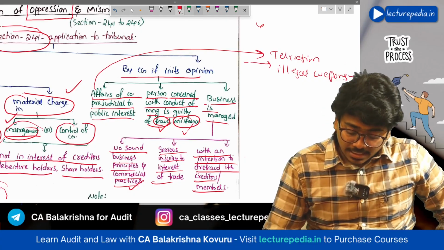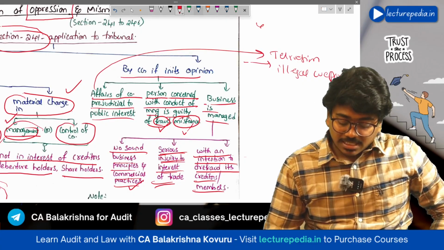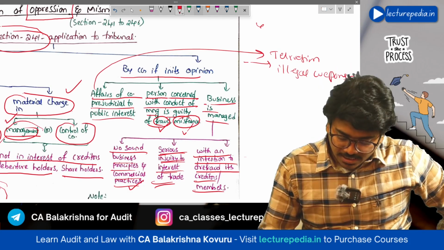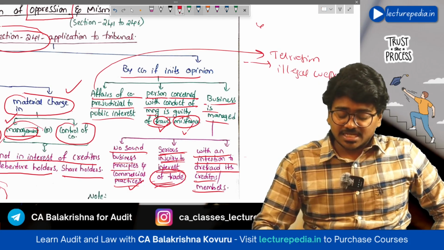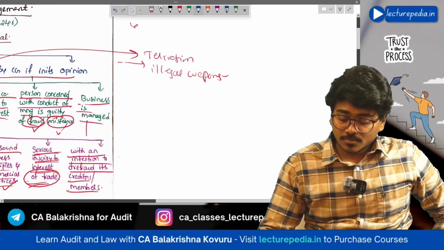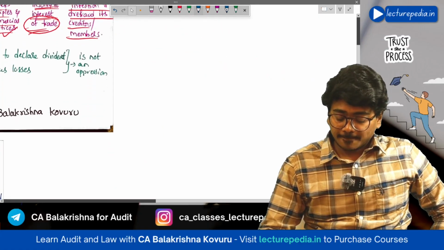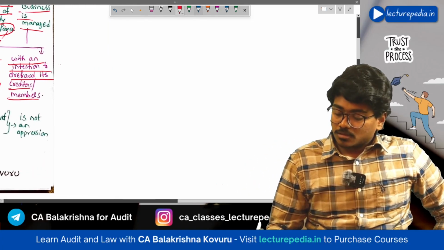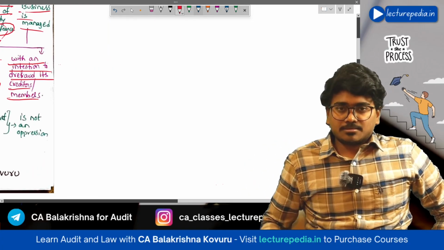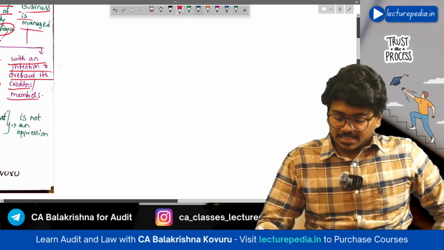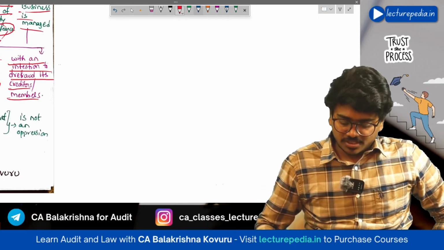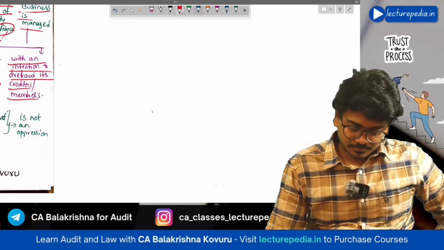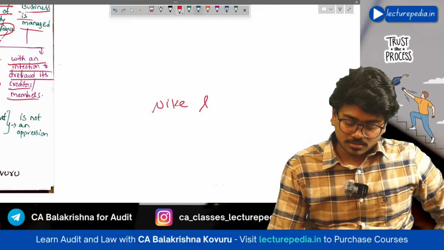And serious injury to interest of trade. Serious injury to interest of trade means, let's say for example, the company is manufacturing forgery products, fake products, like for example in the market you can find Nike shoes, right?